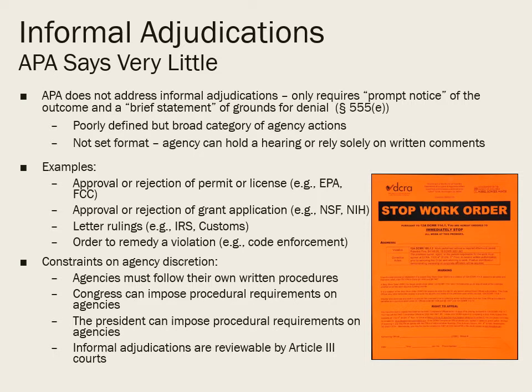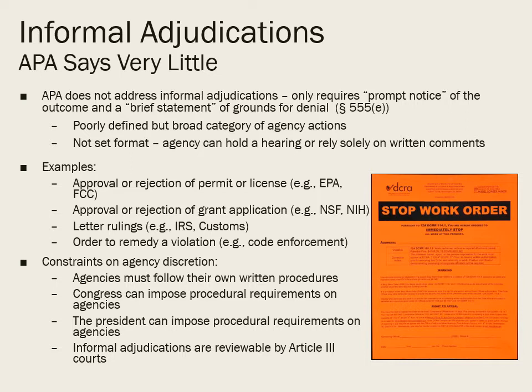Now, I've mixed federal, state, and local here. Obviously, the APA itself only applies to the federal government, but like I said earlier in this semester, pretty much every state has its own version of the APA, and it's nearly identical to the federal version. Now, the fact that the APA doesn't really address informal adjudications does not mean that agencies can just do whatever they want.